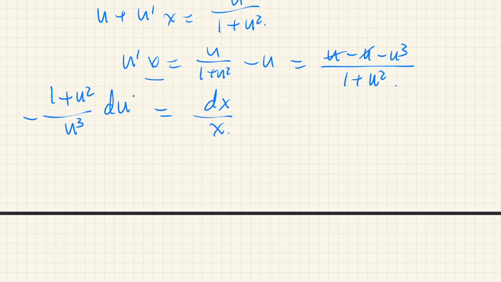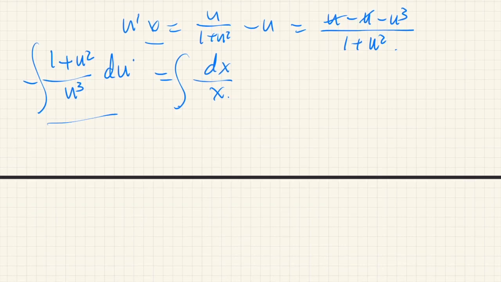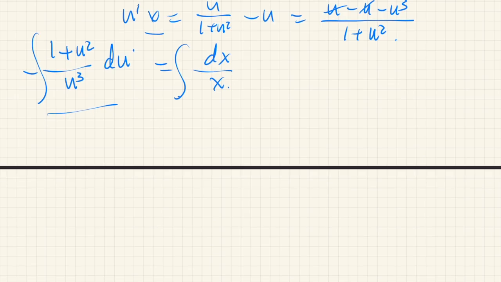Okay, so let's integrate both sides. The left hand side, we have negative the integral of 1 over u cubed plus 1 over u du.